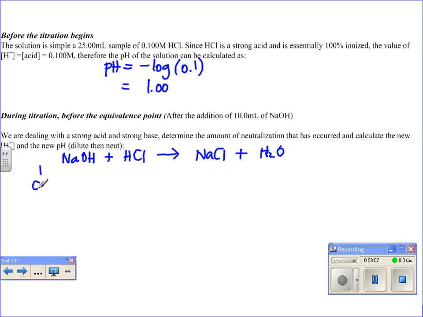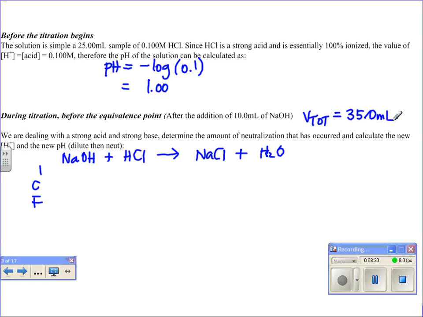In order to organize the data to see what we have left over, we're going to set up an ICF chart. We have a total volume of 35 milliliters, because remember, we started with 25 milliliters of the acid, and we've added 10 milliliters of the base.